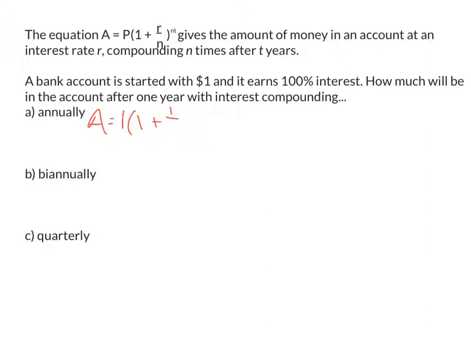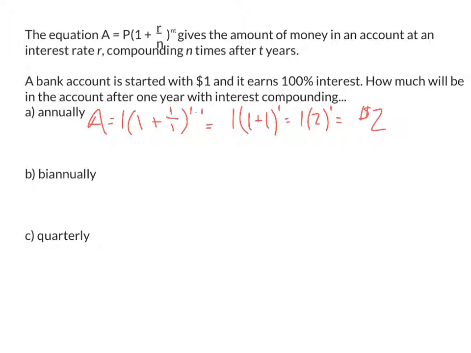We compound annually, so that means 1 time per year, raised to the, again, 1 time per year, times the 1 year. And so to simplify this, 1 divided by 1 is 1, so we have 1 times 1 plus 1 to the 1, or it's 1 times 2 to the first, or rather it's just $2.